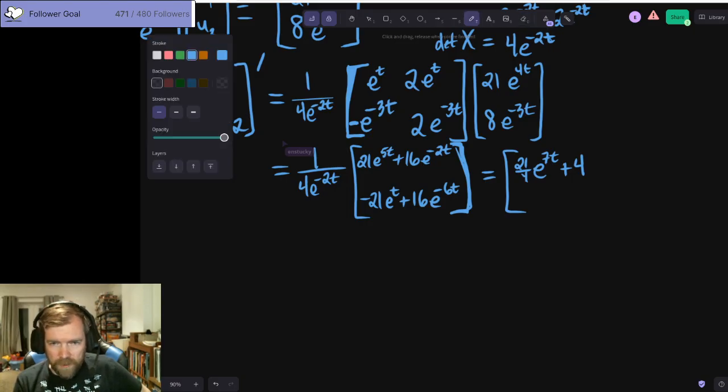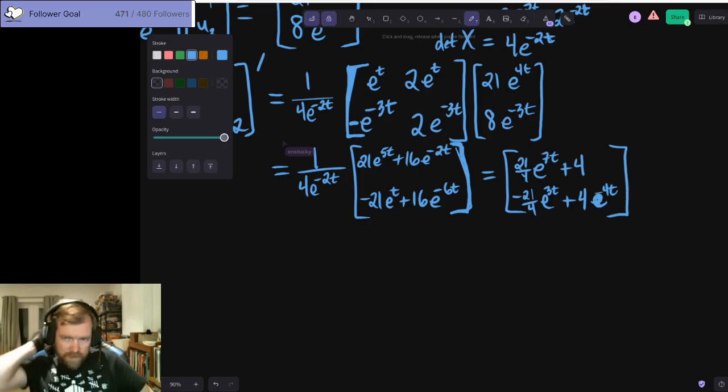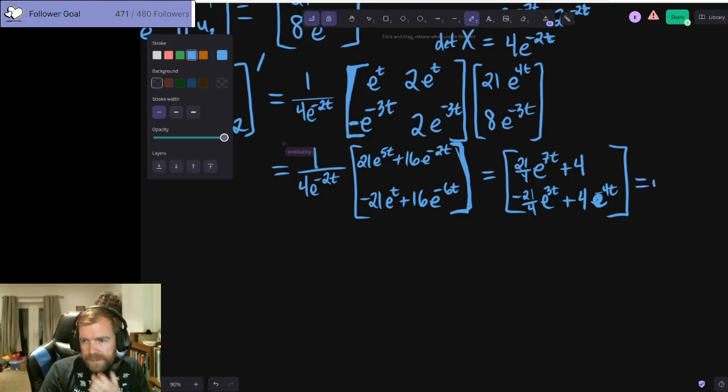All right, and on the bottom, negative 21 fourths e to the 3t plus we're going to get a 4 e to the negative 4t. All right, how are we feeling? Okay. And that is our u prime.